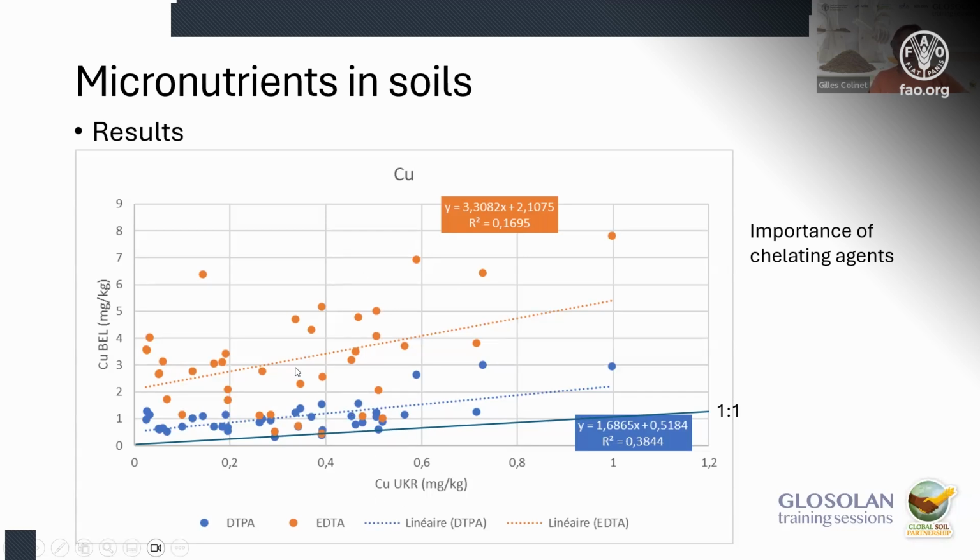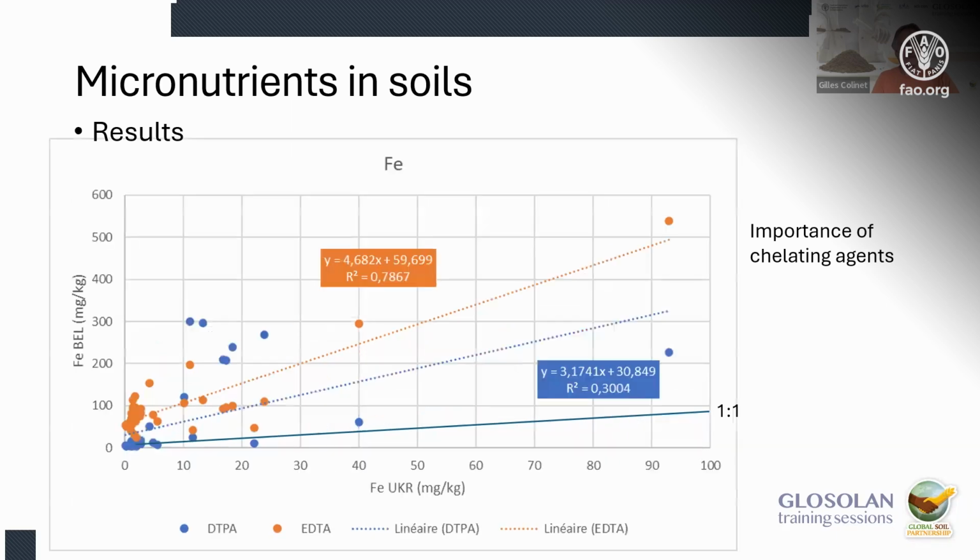And if you look at the EDTA, which has other chelating properties, you see that the levels of copper in the solutions are much higher than with the DTPA. So regarding the elements that you will take into consideration, the chelating agent that you put in the mixture is really important. And so the interpretation of results should be adapted to these differences of methods.